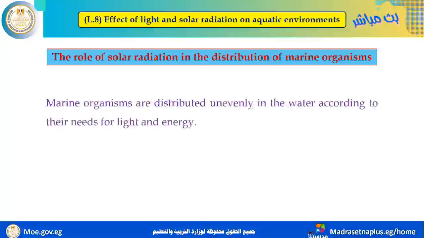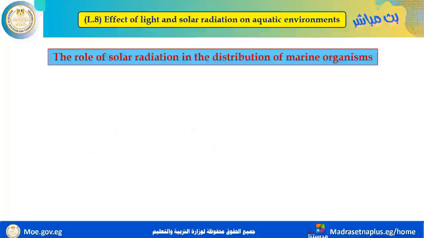Marine organisms are distributed unevenly in the water according to their needs for light and energy. So the needs for light and energy control the kind of living organisms that can live in each area in the ocean.